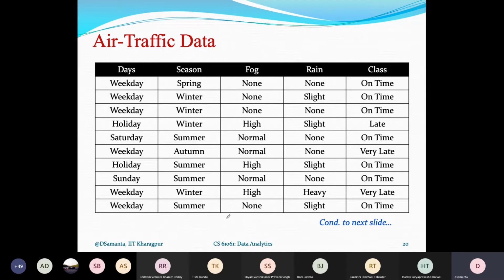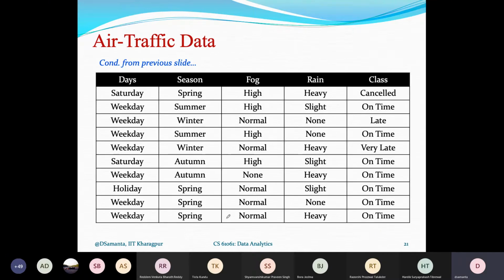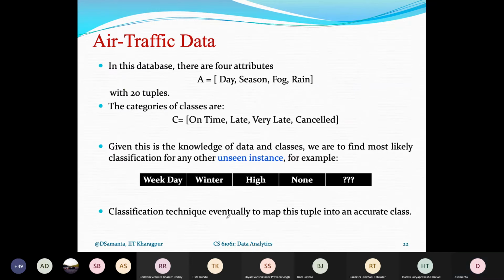Fog has three different values: none, high, normal. Rain has none, slight, or heavy. Class has four class levels: cancel, on time, late, very late. So these are the definitions of the air traffic data that we have discussed so far.